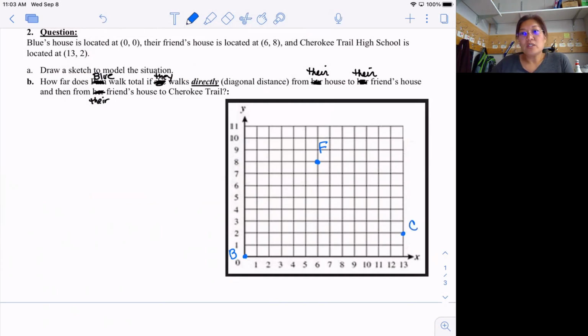We'll use a C for CT. So the question that we're asking is how far? What does far indicate in the mathematical terminology? Yeah, far indicates that we're looking for distance. So we want the distance from Blue to the friend's house.